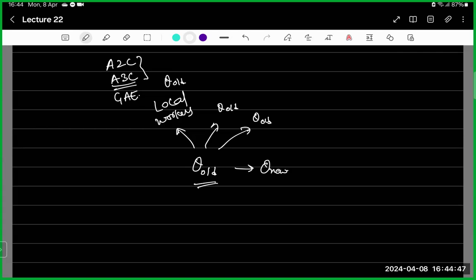So you are giving your current copy of the policy to three threads, and each of them will generate some experience. One way is they give all the experience back to the original process, and the original process can update the theta parameter based on all these three experiences. Maybe if it's not a full episode, let's say you run it for a few steps.